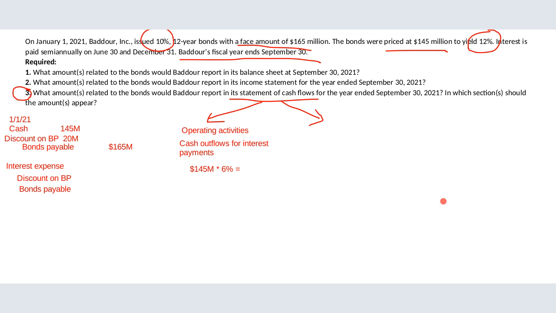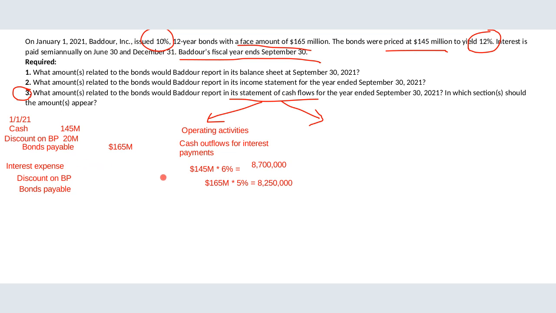These are huge numbers. That's my interest expense. And then the amount that I'm actually paying is based on the stated amount of the bond with this stated rate. So that's 8,250,000. Okay, so I can do this entry now.